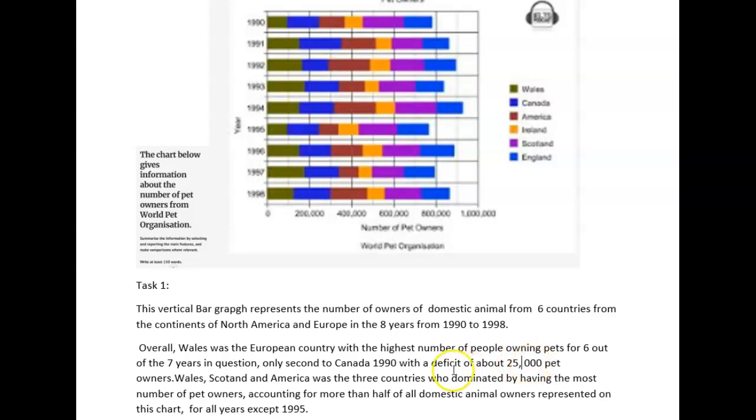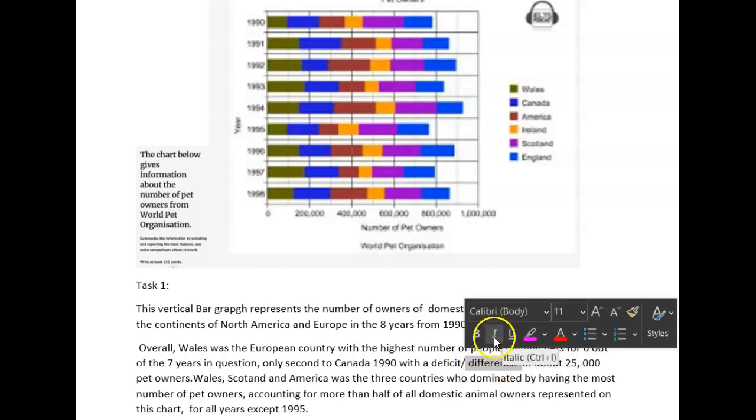A deficit or a difference? Maybe a difference. Oh, I can't spell that. Difference. Here we go. Of 250,000 owners. Okay, fine.